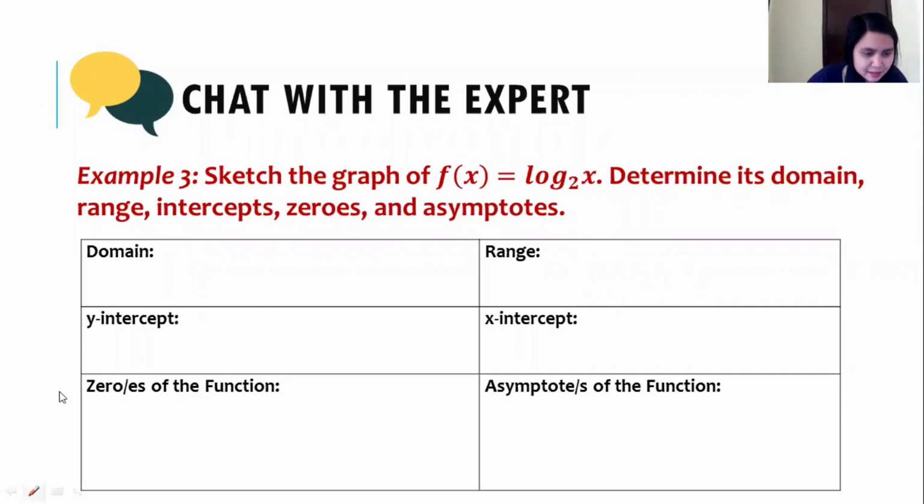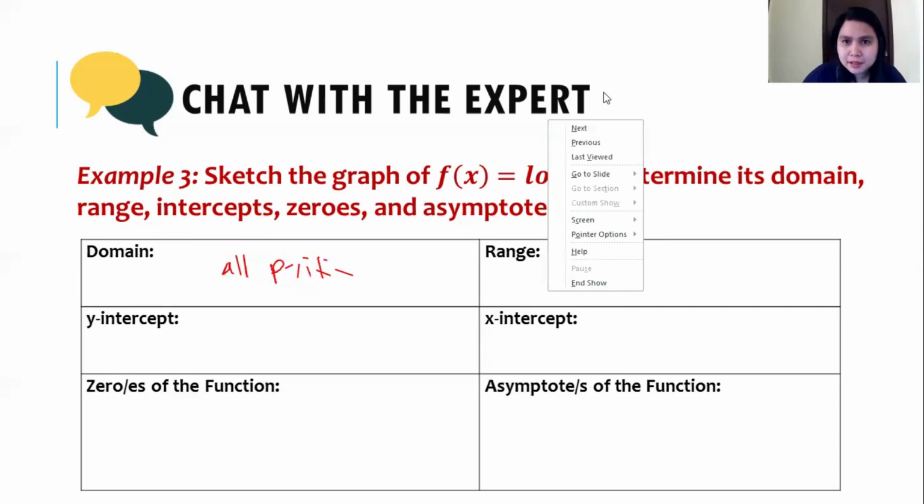This is the pen. Okay. What happened? Excuse me for a while. Let me fix my pen.